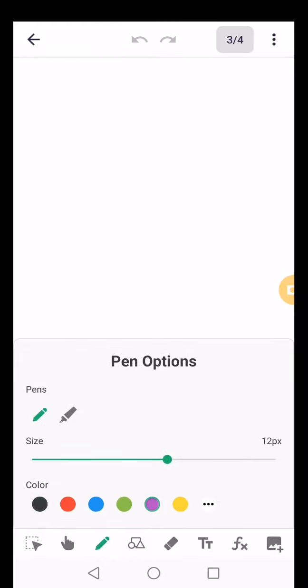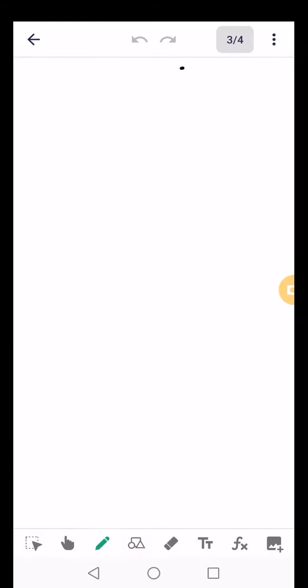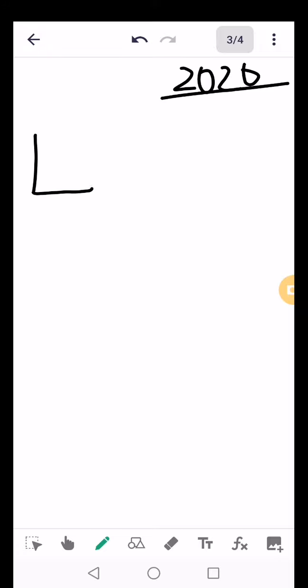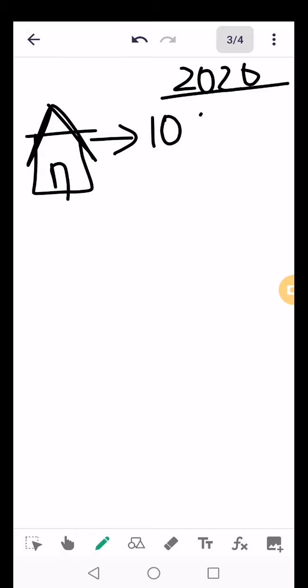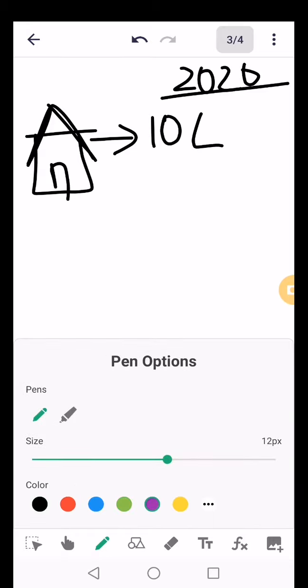I'll take the example of a house. Let's say we are in the year 2020. I want to purchase a house. The value of this house in 2020 is 10 lakhs, and I do not have 10 lakhs. So what do I do?